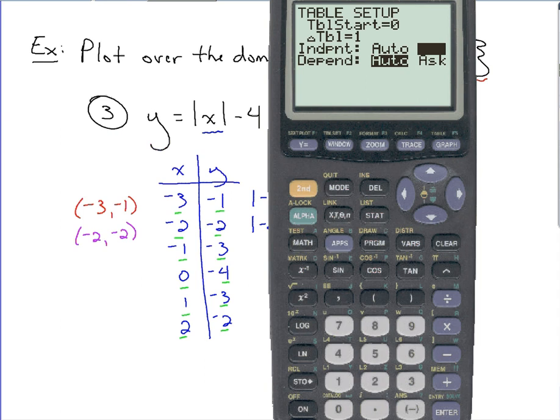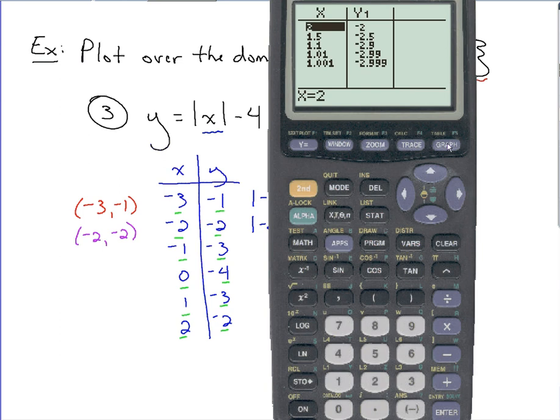All right, so where were we? We put this on ask. Once we put this on ask, now you hit second and you hit graph, which takes you to your table. Depending on when you've used this option before, how your table looks compared to mine up here might differ. But however it looks, you can go ahead and start entering in x values right now.